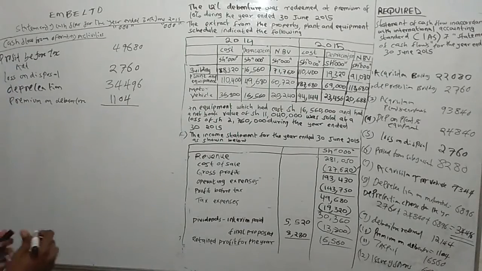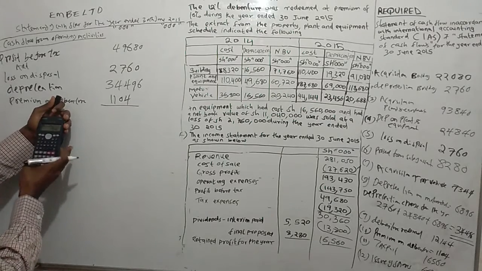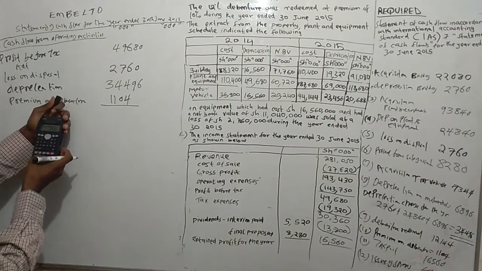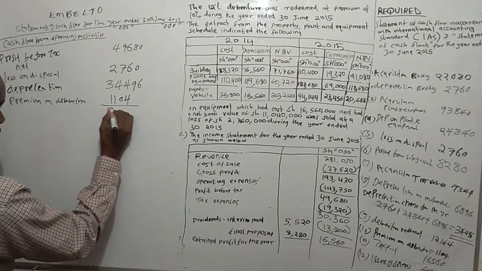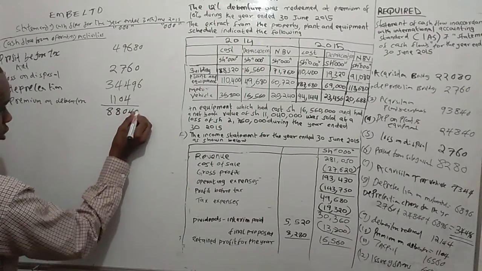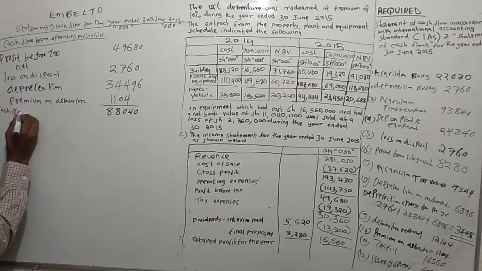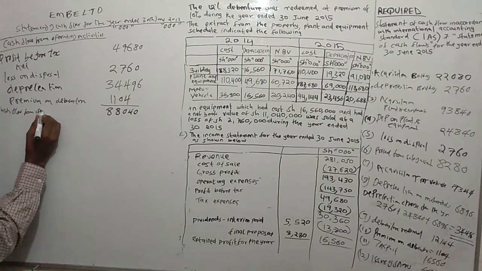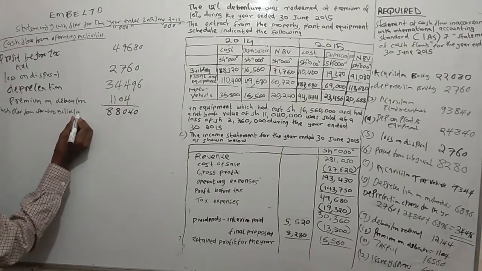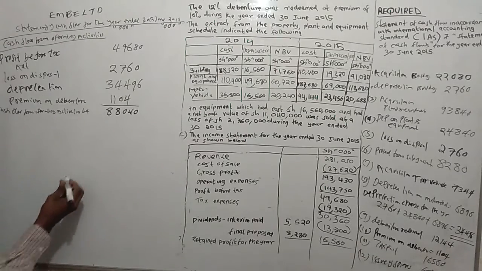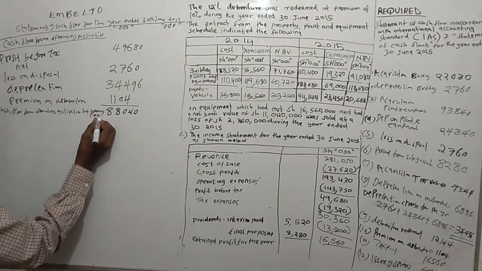Now let's add 49,680, add to 2,760, add to 34,496, add to 1,104, getting 88,040. This is the cash flow from operating activities before working capital.